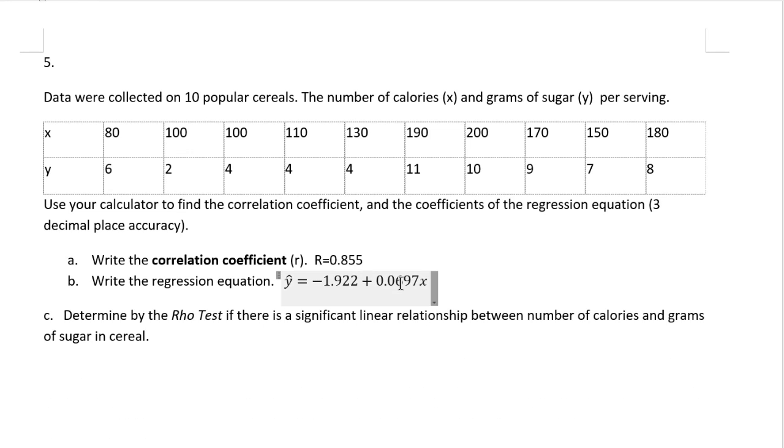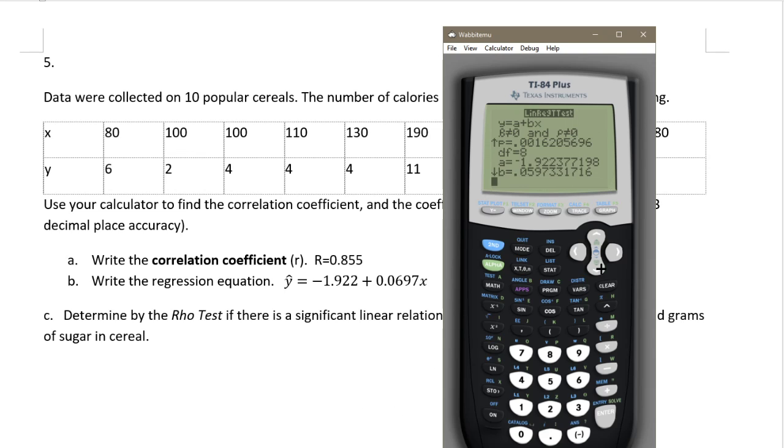Now determine by the rho test if there's a significant linear relationship between number of calories and grams of sugar in cereal. One thing you can do is use the fact that the p-value is less than 0.05.